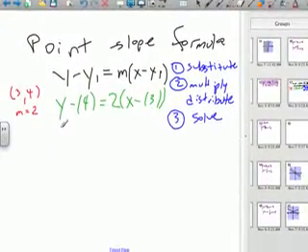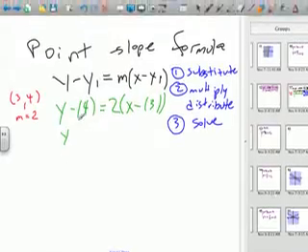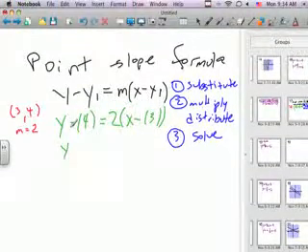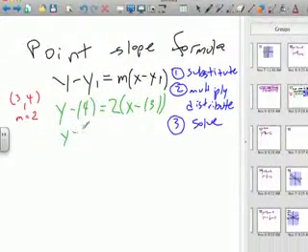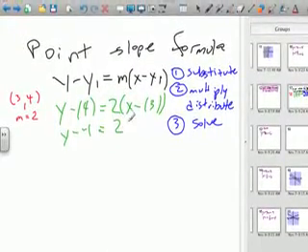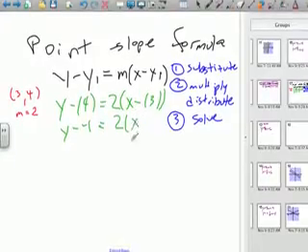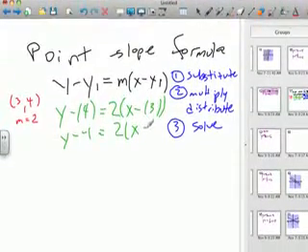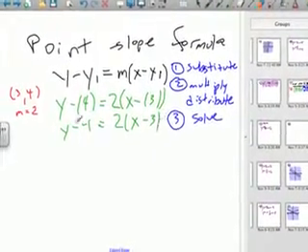Now, the next thing I'm going to do is let's multiply. And when I'm multiplying, I just want to get rid of these little parentheses I just wrote. So let's see, negative times 4 is negative 4. I'm going to leave the 2 alone for now. I'm going to distribute later. And then negative times this 3 is negative 3. Now let's distribute.